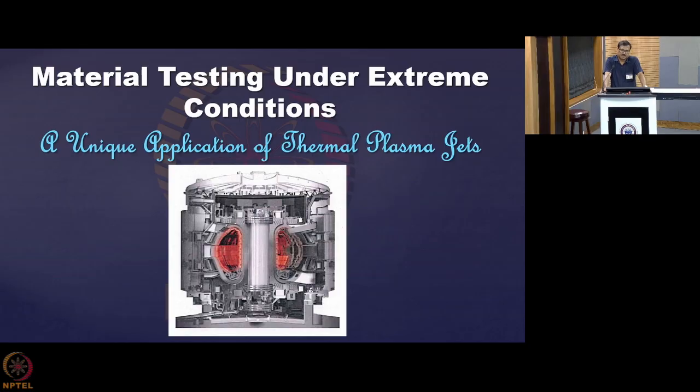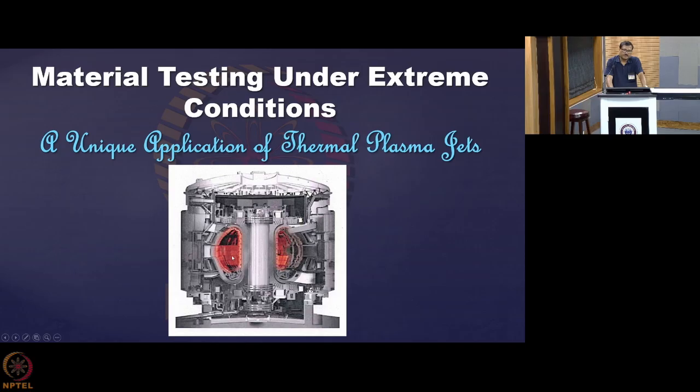fusion reactors. You are all familiar with the tokamak device, where the fusion reaction is attempted using magnetic confinement. This is a torus within which the plasma will be generated, and what you are seeing is the divertor region, and this is the first wall material which surrounds this region.